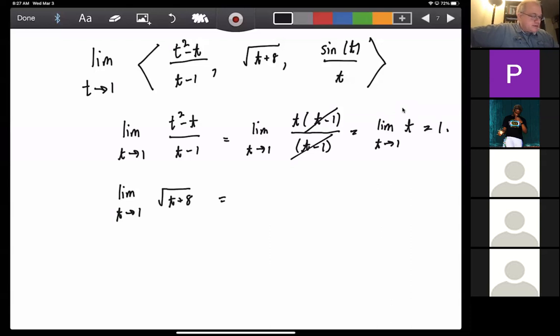Now for the second component, we can do direct substitution here. So that one's easier.